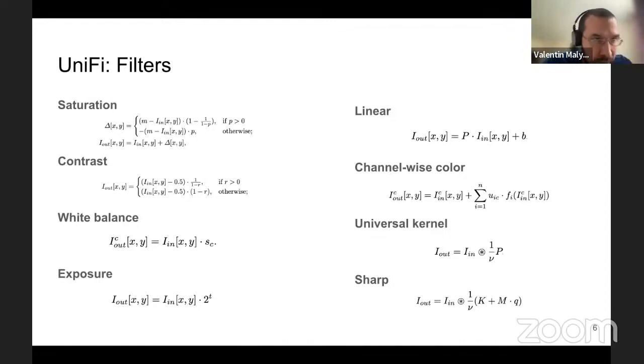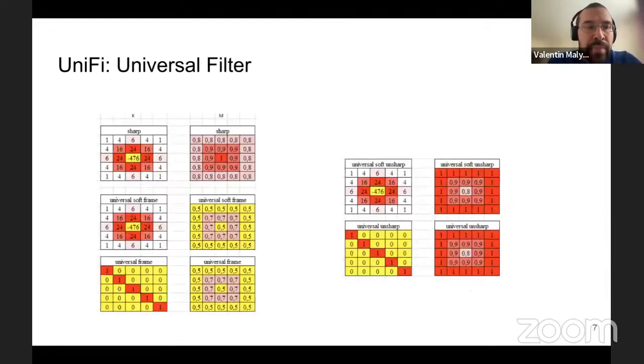All of them, except the universal kernel filter, are actually well known, and I think they have no need to be introduced additionally. So I will concentrate on the universal kernel filter because it's one of the main innovations in our approach.